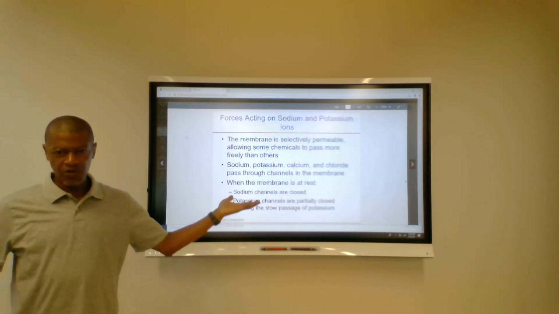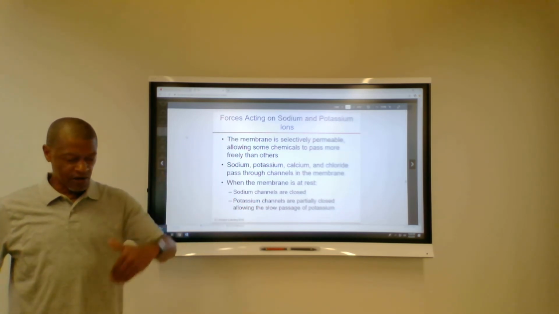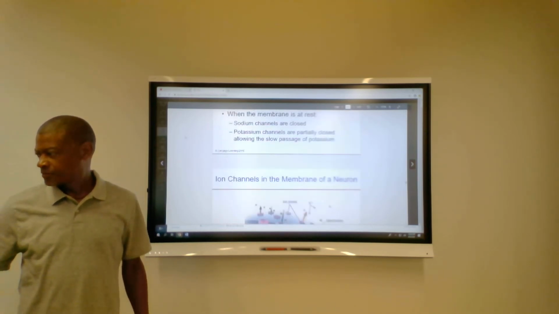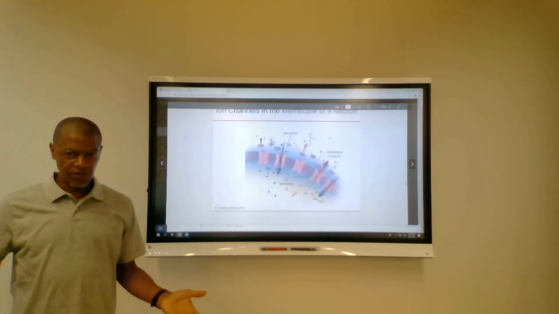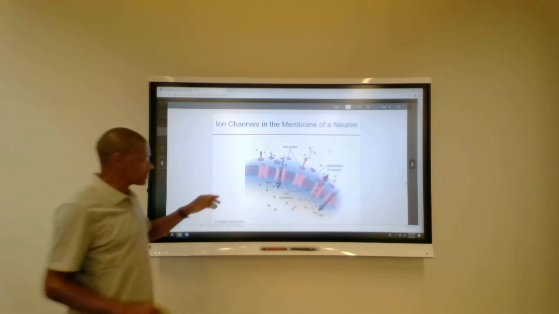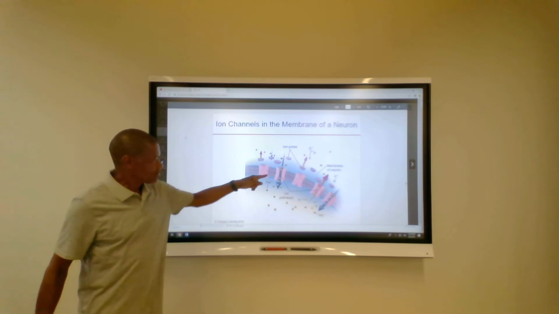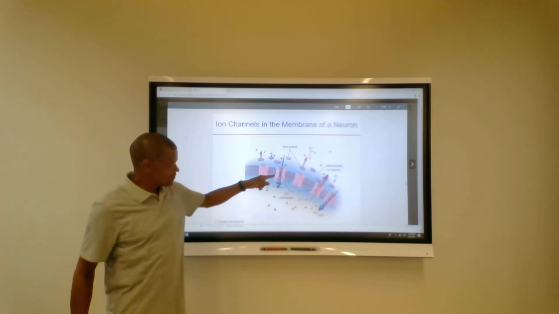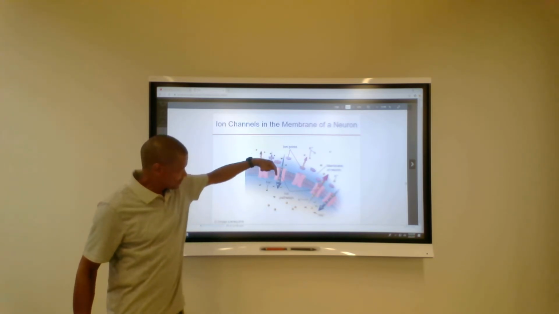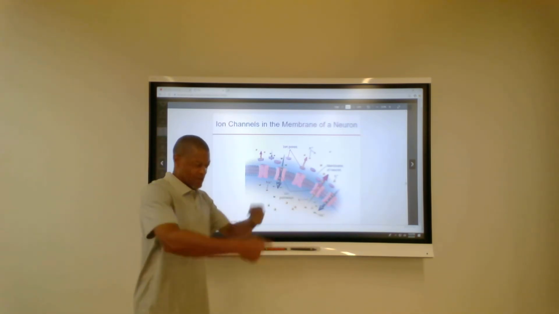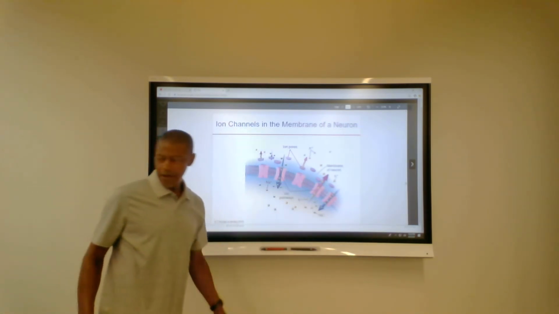So here again, showing you some ions and the forces that are allowing them to go opposing one another. When you look at these images here, it's showing you what's happening along the chain of events going down an axon. How one's closed right here, this was open, so it's allowing the sodium ions to come in. This was closed, so it goes down the chain of events like that.